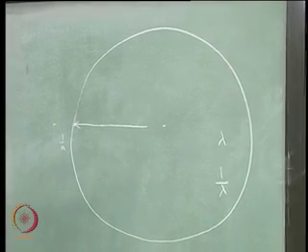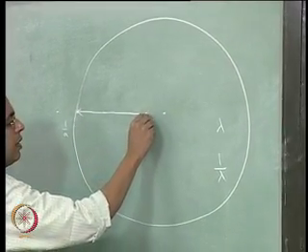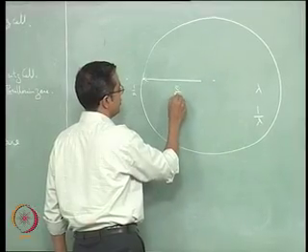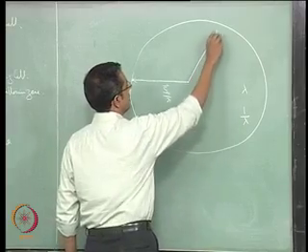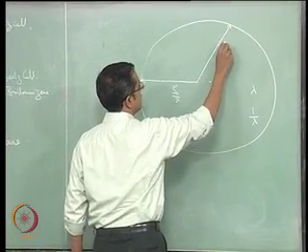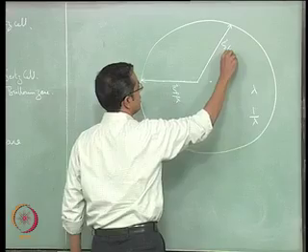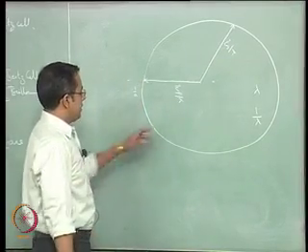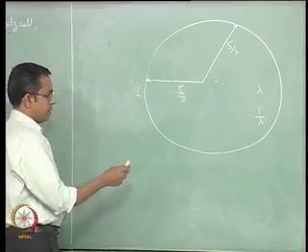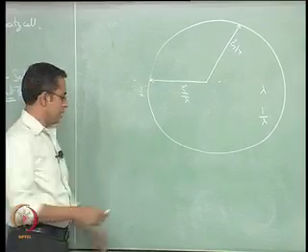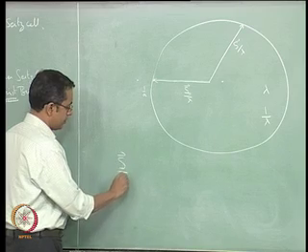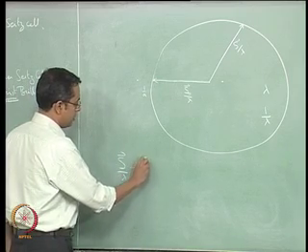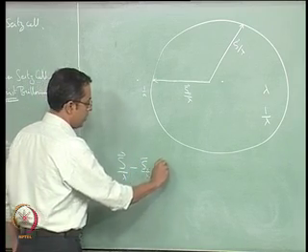And this is S naught by lambda, and this is S by lambda, and we recognized that the condition for diffraction is simply that S by lambda minus S naught by lambda should equal HKL.